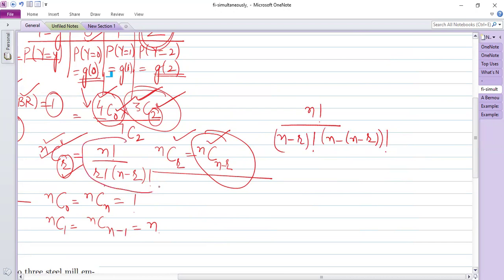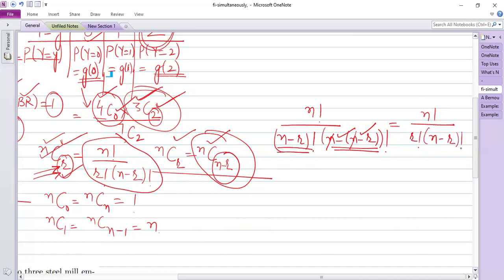If we apply the same definition, the only thing is that instead of R we have N-R. So what is this now? It is N factorial, and N cancels out and the minus becomes plus, so R factorial, and this is (N-R) factorial. And this is nothing but NCR. So that's why NC0 is equal to NCN.